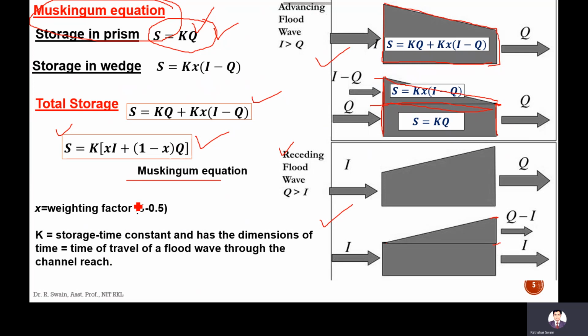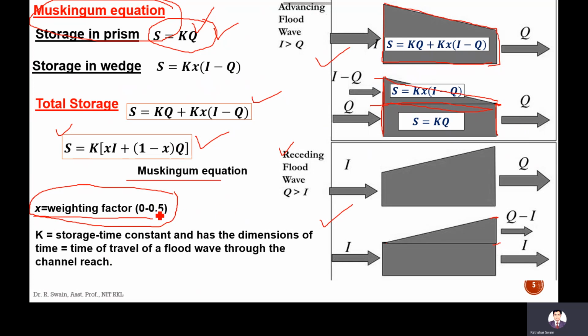What is this K and X? This X is called the weighting factor, or weightage, the weightage given to the inflow and outflow. The value varies from 0 to 0.5. If X is 0, that means the total storage depends only upon the outflow; it does not depend upon the inflow.